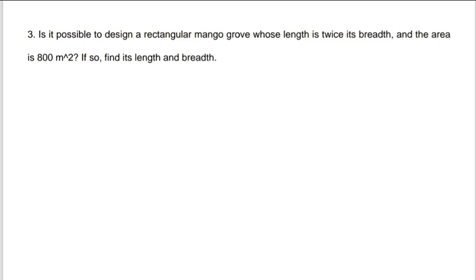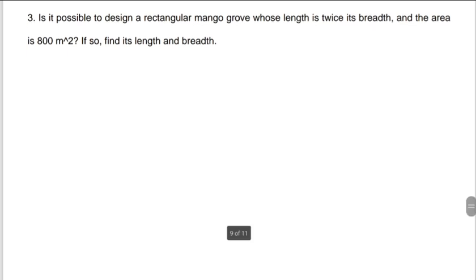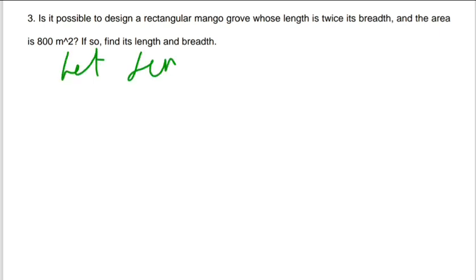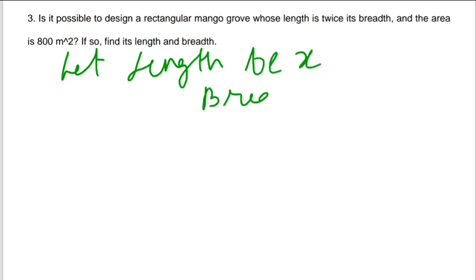So we will be starting with the assumption method. Let us assume the length and breadth to be: let length be x and breadth be... So they said that length is twice its breadth, so we can take only in x terms.